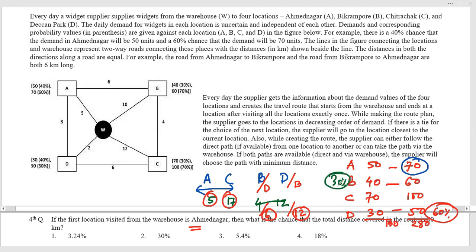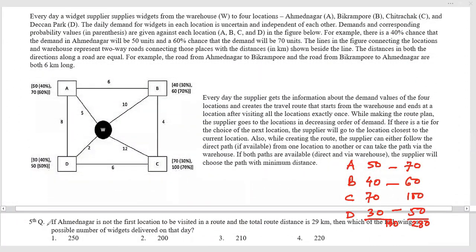So I can check these two probabilities only. So it is 60% and then it is 30%. So total probability will be 30% of 60%, which is 18%. Option D is the answer to the question.